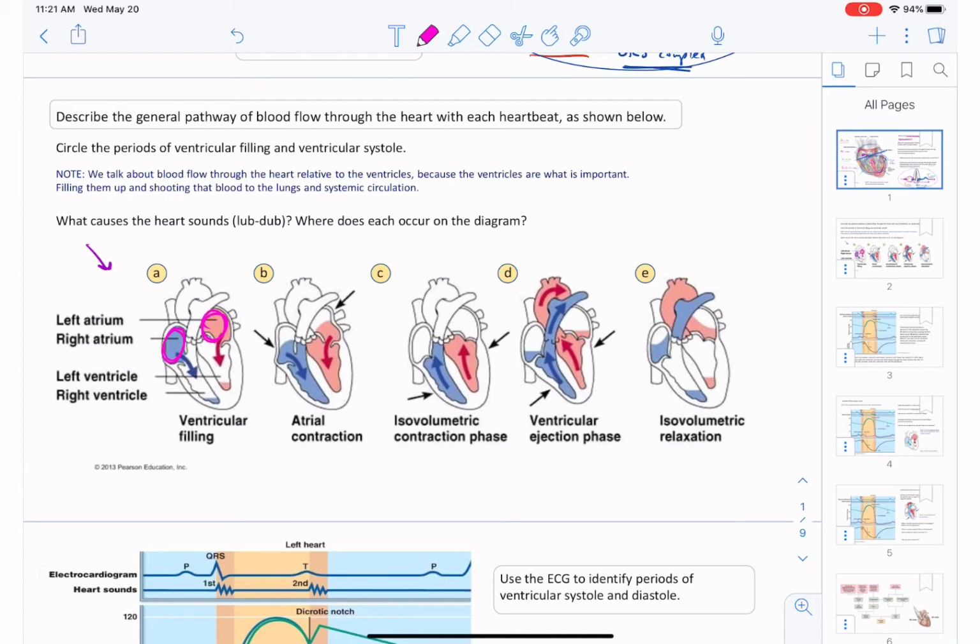And what's going to happen is blood is going to move from the atria down into the ventricles. And so these first two phases right here, A and B, represent ventricular filling, because ultimately what we're doing here is we're filling up the ventricles with blood. Blood is moving from the atria into the ventricles.